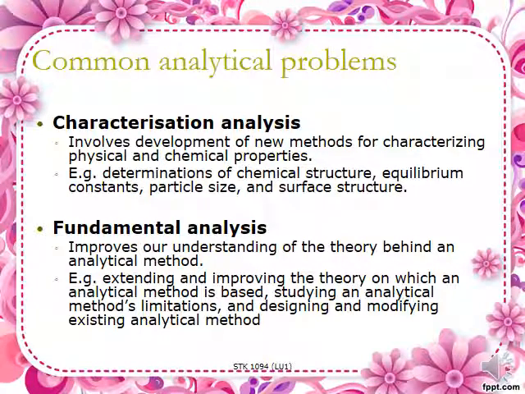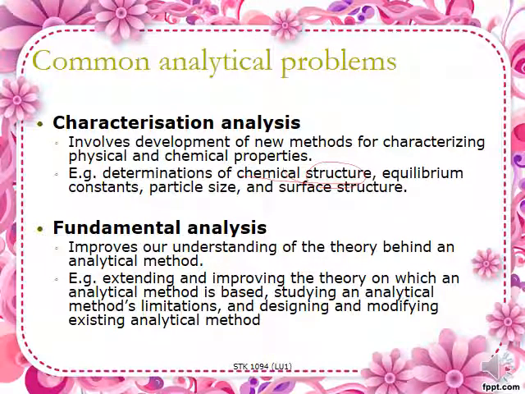So the next analytical problem is characterization analysis. Characterization analysis normally will involve development of new methods for characterizing physical and chemical properties. For example, determination of the chemical structure of a compound.